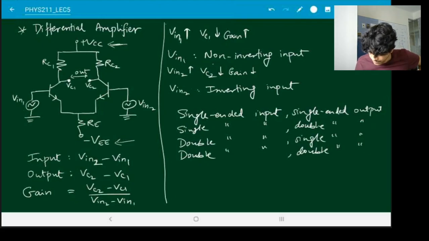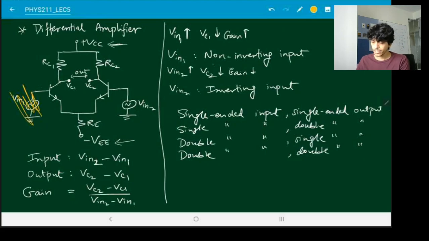But let's say if I didn't have Vc2 and I was only taking the output at Vc1, so between Vc1 and ground essentially, then I would call it a double-ended input, single-ended output. Or if I didn't have this one and this was just grounded, then this would be a single-ended input and a double-ended output.